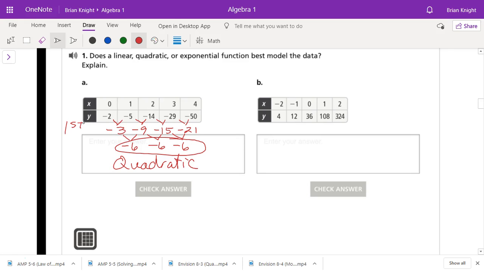All right. Here, again, I'm going to start with what? Are they multiplying or dividing to get the next one? So what's 4 times what equals 12? 12 times 3 is? 36. So I multiplied by 3 here, multiplying by 3 here. What's 36 times 3? 108. Multiplying by 3 every time, right?